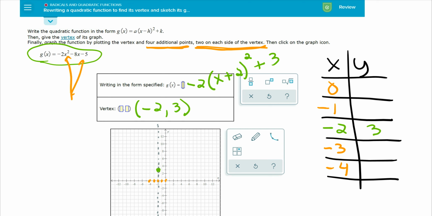However, the beauty of this is that whatever you get for this ordered pair at 0, since 0 is here, its mirror image is this one. They'll have the exact same y coordinate. And then for this point here and this point there, they're going to have the same y coordinate. So I really only have to plug and chug 2 points. And I'm going to go with the first two, 0 and negative 1.